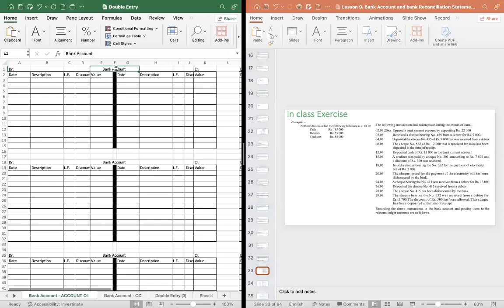Okay. Now, since this is about bank accounts, why do we read all these now? In a question, we read all this at once because to understand what is happening, we quickly read it. We do not take a lot of time. We quickly read it to understand the context. For example, when we were reading these two things, received a check bearing number 455 from the debtor of rupees 9,000. Then it says deposited the check number 455 of rupees 9,000 that was received from the debtor.